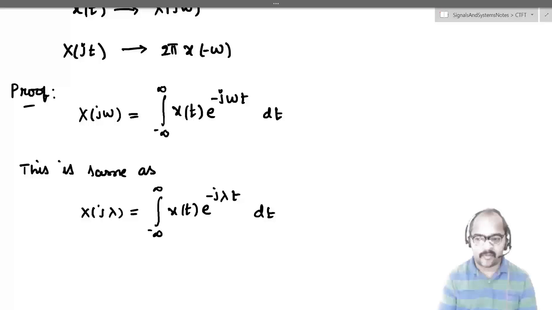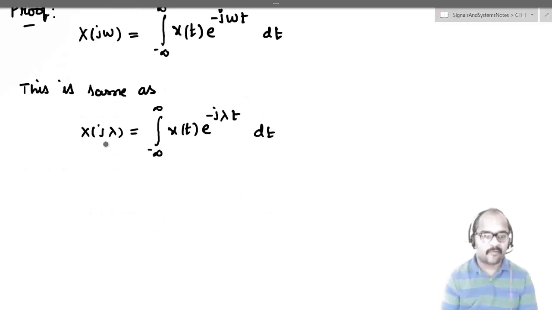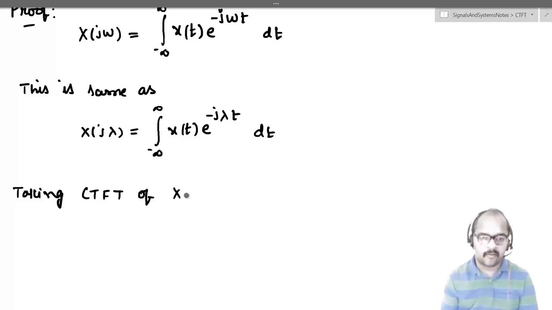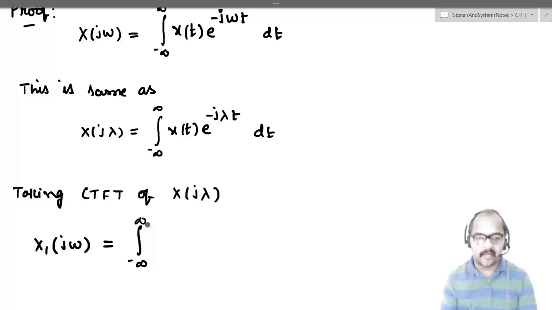So just for clarity, now we take the Fourier transform of X of j lambda. Taking the CTFT of X of j lambda, let us call that some X1 of j omega. So X1 of j omega would be equal to the integral from minus infinity to infinity of X of j lambda e power minus j lambda omega d lambda.